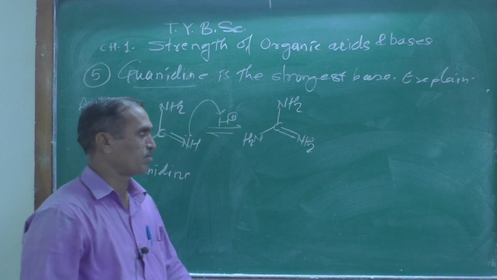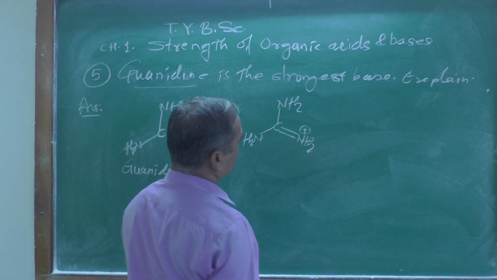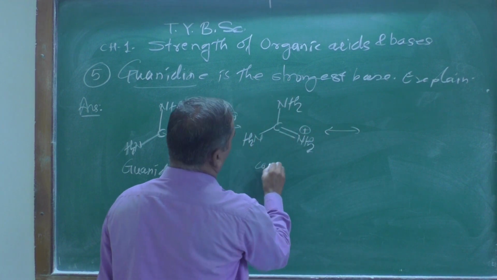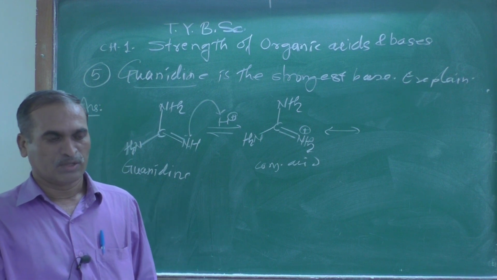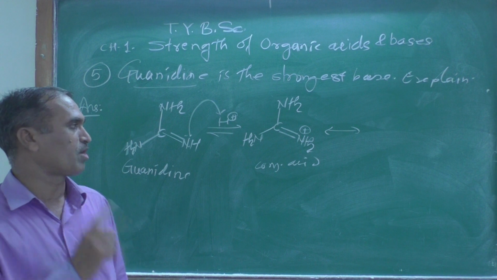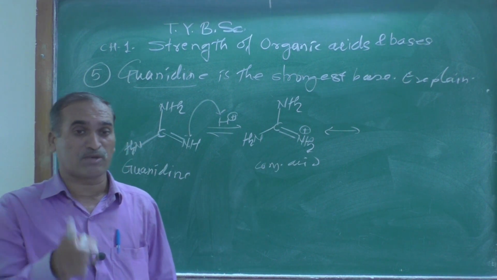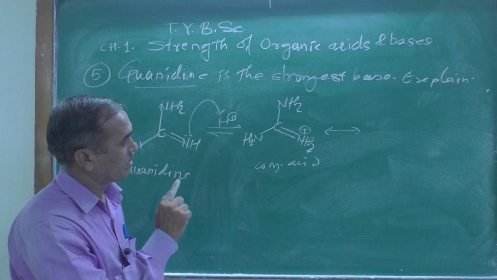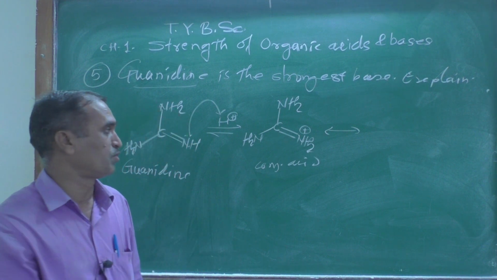Now on this nitrogen atom there are 4 bonds, therefore positive charge comes on that nitrogen atom, and further this becomes a conjugate acid here. And at the beginning, while studying the factors affecting the strength of basicity, we saw one of the factors, that is the stability of the conjugate acid.